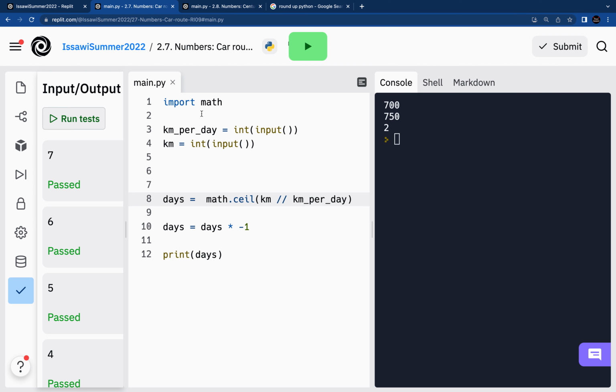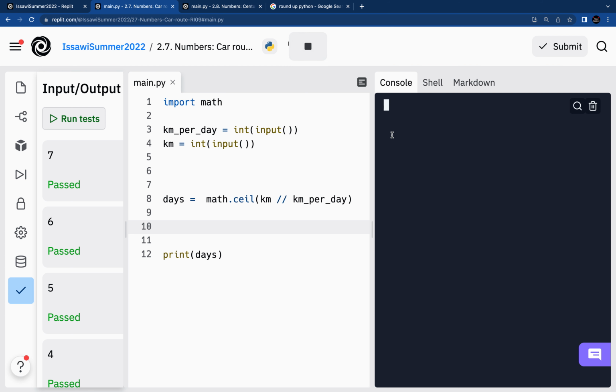Now math is a library that has all kinds of built-in functions. You have built-in functions like print and input and int and float, and then you have ones that you need to import a library for. So you just write import at the top, and you can use math.ceil. And then you don't need to use that fancy trick that I taught you, although it is fancy.